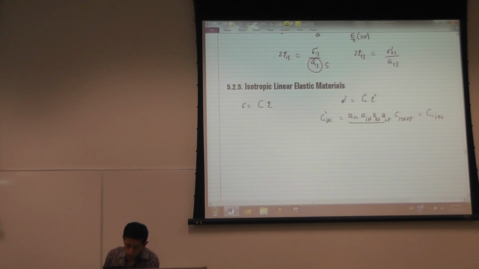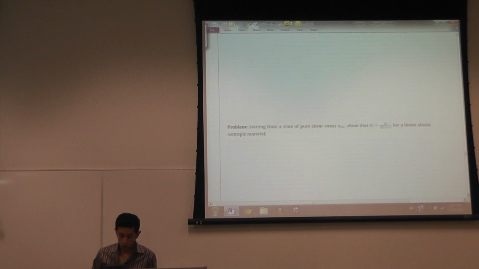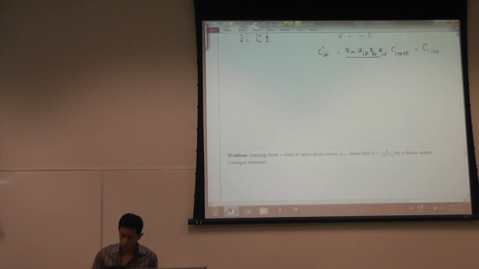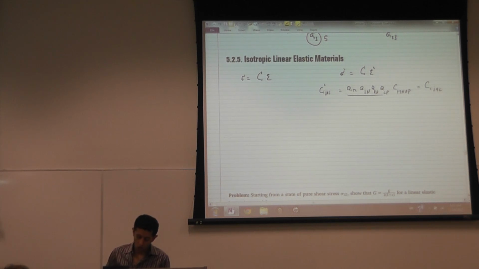This means that the relationship between the stress and the strain will need only two constants. These two constants are the Young's modulus and Poisson's ratio, and the relationship is given as follows: epsilon 1 is equal to sigma 1 over E minus Poisson's ratio sigma 2, 2.